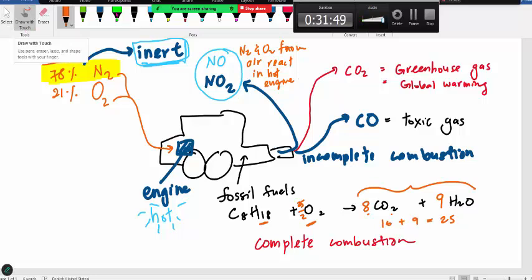Now, is nitrogen dioxide good or bad? Why is it bad?